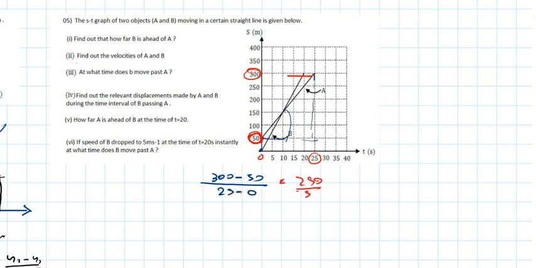And the time, on the time axis, it is 20. So 300 over 20, 15 ms minus 1.